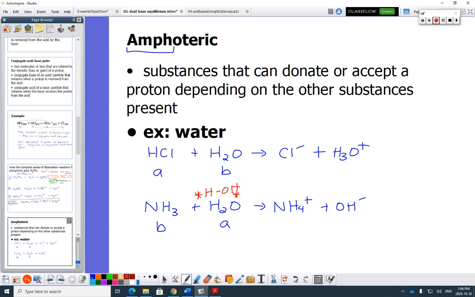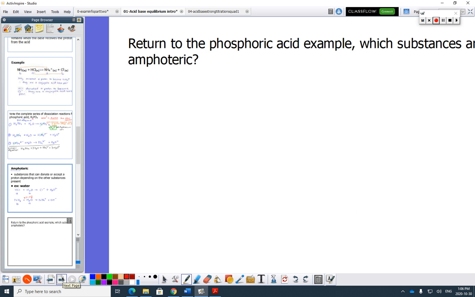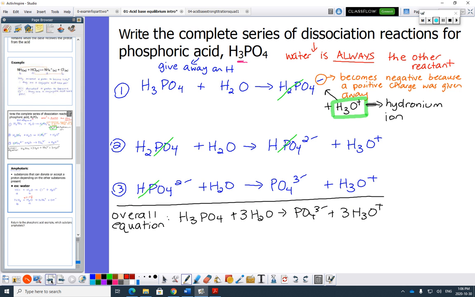Okay, so the next slide says, let's go back to the phosphoric acid example. Are there substances that are amphoteric? So if you have a different color, let's quickly go in and label what's an acid and what's a base.